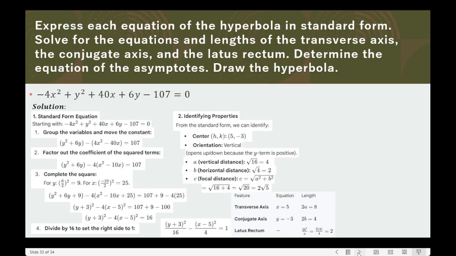Now, for the features, equation and length: the transverse axis, whose equation is x equals 5, has a length of 2a equals 8. Then the conjugate axis, whose equation is y equals -3, has a length of 4, which is equal to 2b. Now, for the latus rectum, that is 2b squared over a, or 2 times 4 over 4, which is equal to 2.